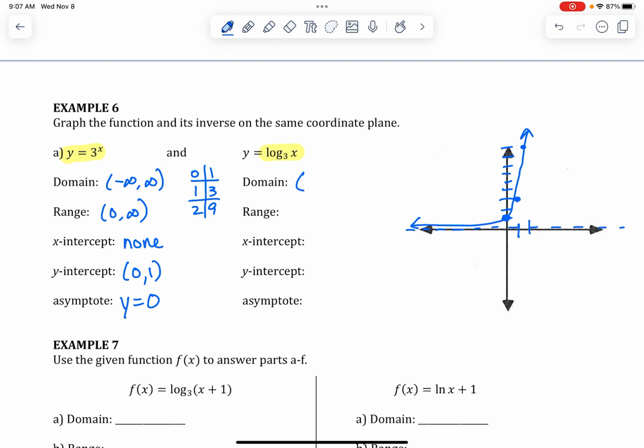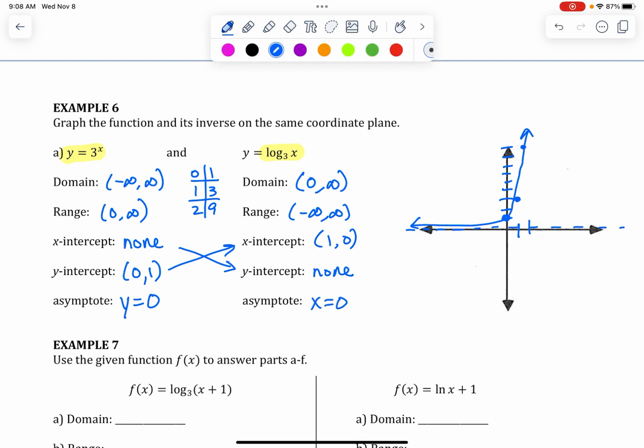So the domain now becomes 0 to infinity, the range becomes -infinity to infinity, the x-intercept now becomes 1, 0, right? You switch the x and the y, and the y-intercept now ceases to exist, right? They reverse, and the asymptote again switches your axis.